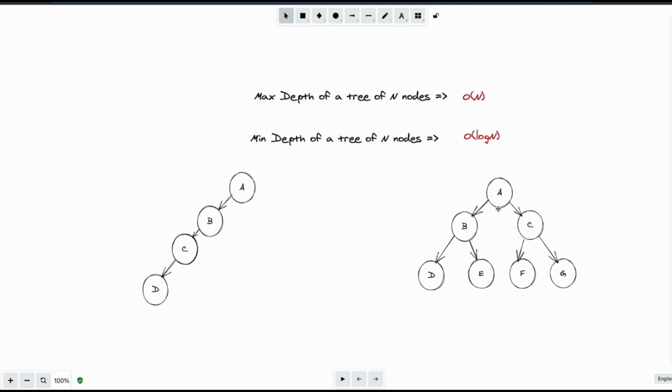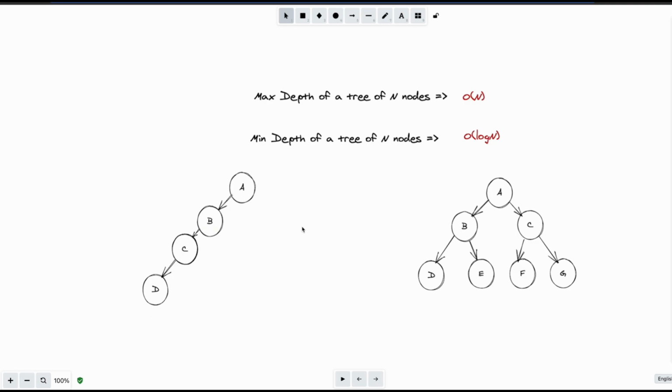Okay, so if we are given n nodes, what is the max depth and what is the minimum depth? Just like this graph, if we are given n nodes, the max depth will be n, because we can have one child for each node, so we have n nodes in a chain.